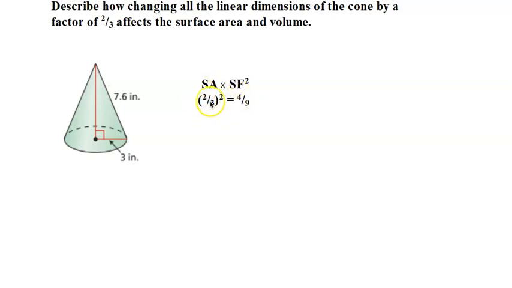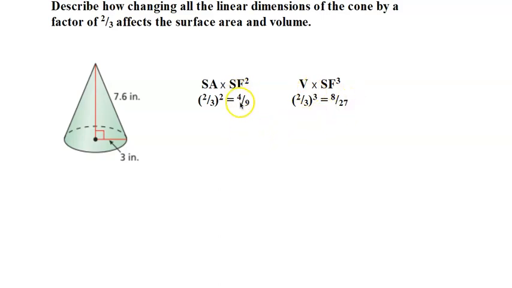Remember, when you square a fraction, you square the top and you square the bottom. So 2 squared over 3 squared, 4/9. And for volume, I'm going to cube the scale factor. So 2/3 cubed is 8 over 27. 2 cubed is 8. 3 cubed is 27.